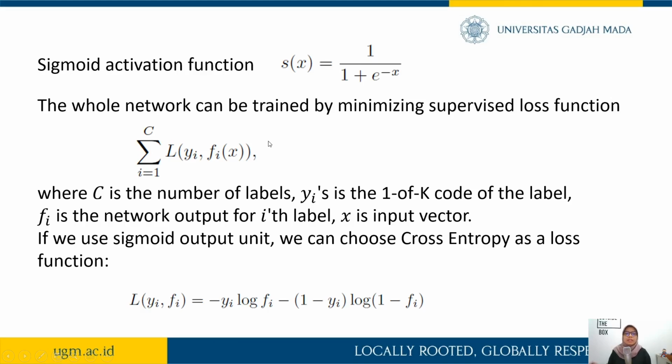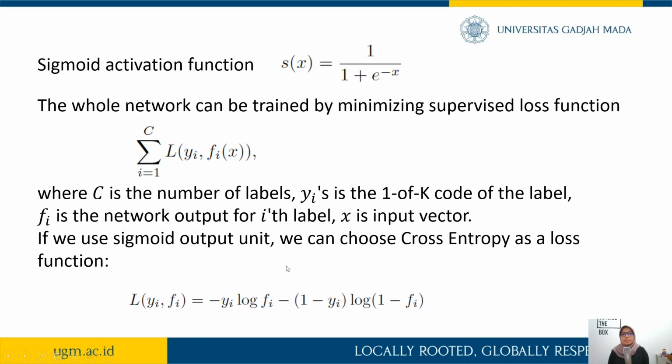The network can be trained for the purpose of minimizing a supervised loss function. This is the loss function, where C is the number of labels, and y_i is the 1-of-K code of the label. f_i is the network output for the ith label, and x is the input vector.